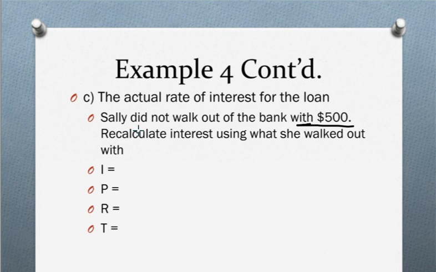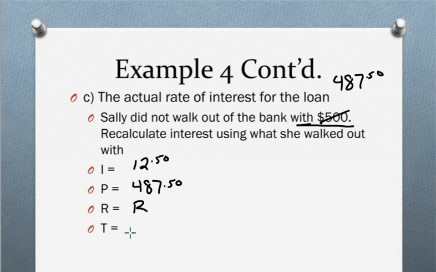Well, in this case, she didn't actually walk out of the bank with $500. She actually walked out of the bank with $487.50. And so let's go through and figure this out. If we count 487.50 as her principal and the 12.50 is her interest, let's figure out what annual simple interest rate they would be charging her.